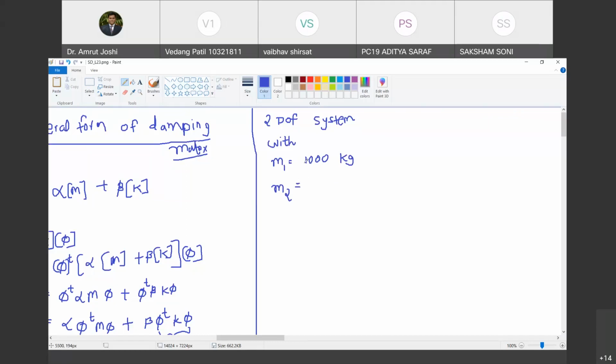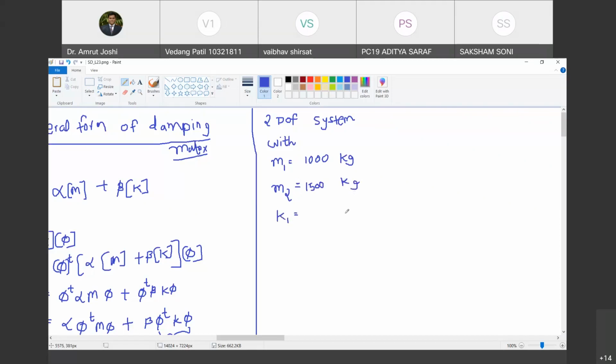Otherwise I could take the earlier numbers, the same as before, so that we need not calculate phi and other things. But here we want to have a practice, so let us take different numbers. So M1 is equal to 1000 kg, M2 is equal to 1500 kg. Happy?